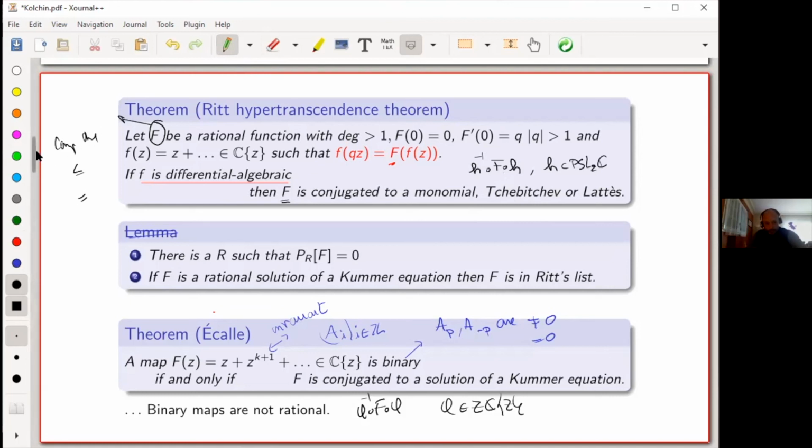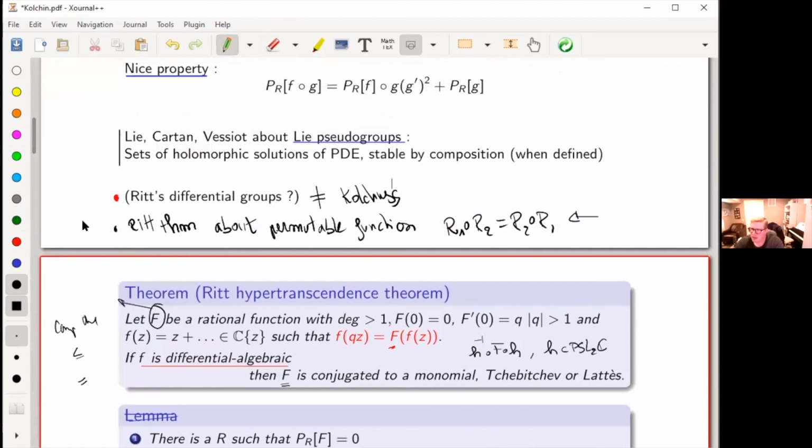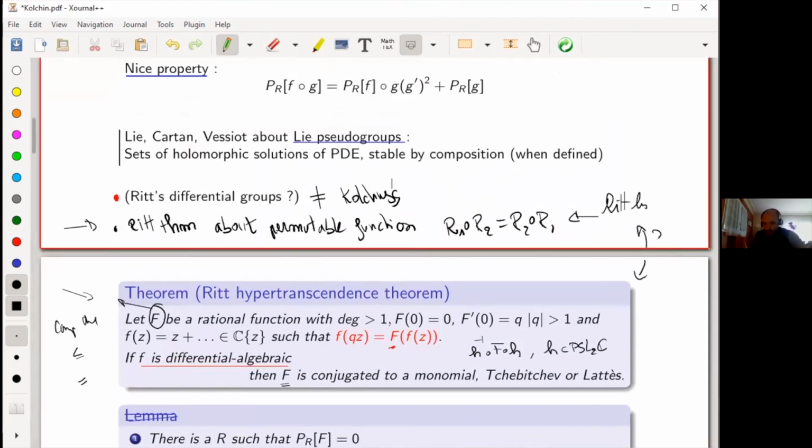But I mean, there are two categories. There is this Ritt theorem where the same Ritt list appears, and this one. And many theorems are in this situation here. Many others are in this one, but the intersection theorem that can give you a relation between these two, I don't know. The list is the same, but go directly from this commutativity relation to this, let's say, hypertranscendency result, I don't know.